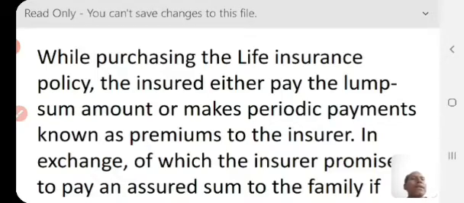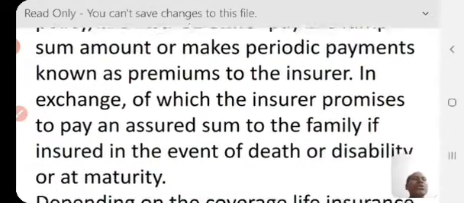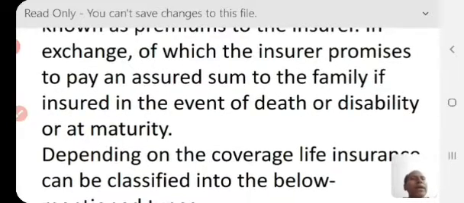So in exchange for the payment of the premiums, the insurer promises to pay an assured sum to the family or to the insured one.